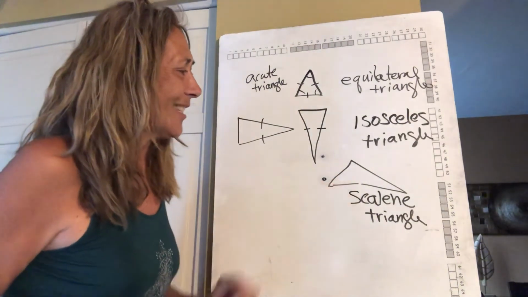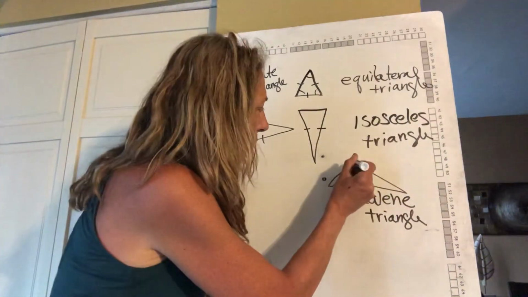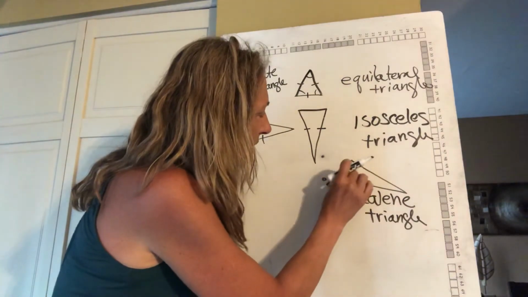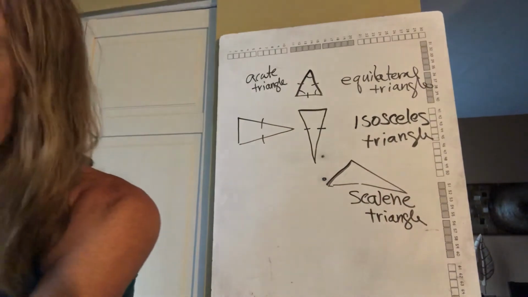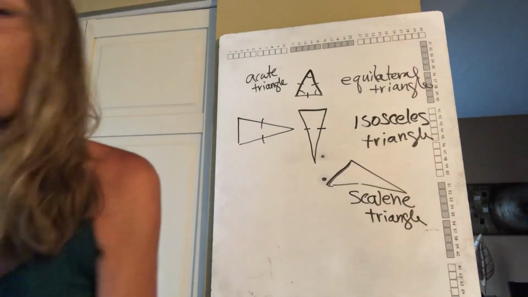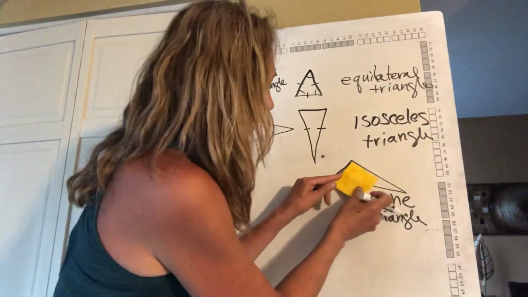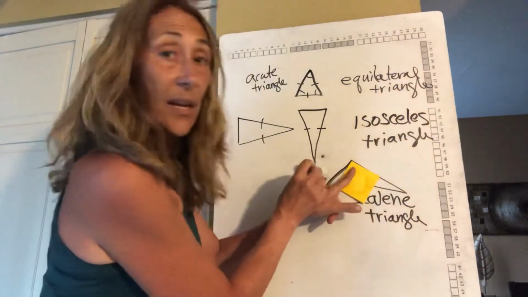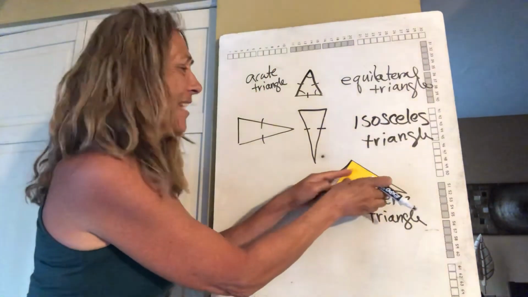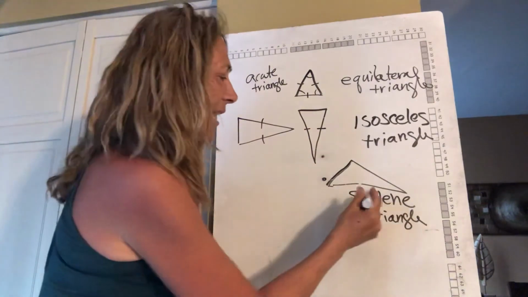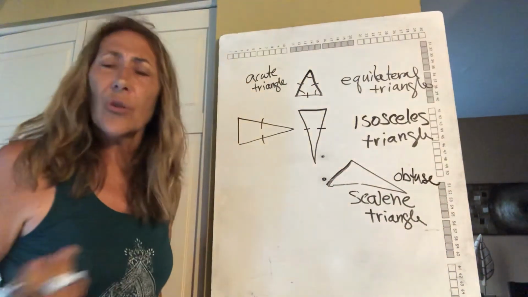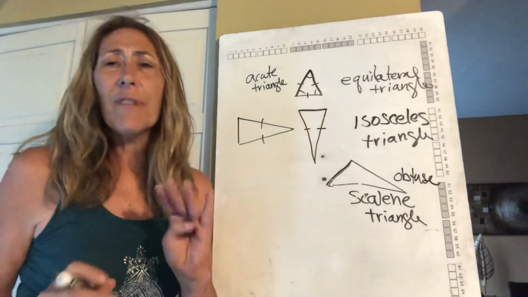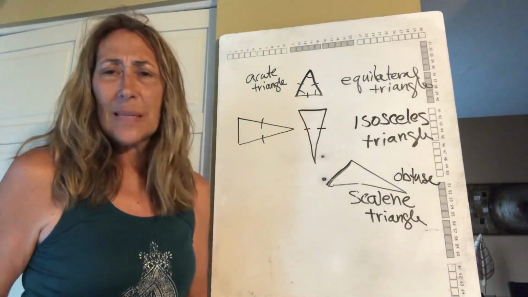And then when I get to the scalene, if I put my paper in there, because it looks pretty close, it's a good check. Oh, nope, that's a little bit more than 90. So this would be scalene or an obtuse triangle. So those triangles can have two different names.